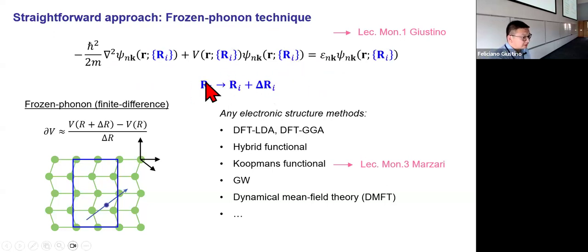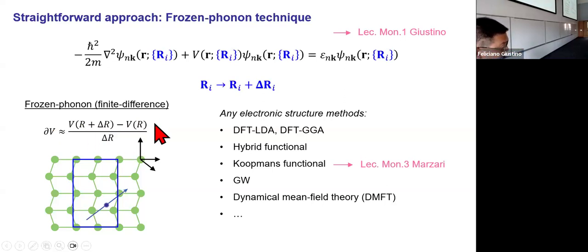If we change the positions by adding a small perturbation away from equilibrium, we get a new potential. We can then use a finite difference approach to compute the differences between the potentials and calculate the rate of change, basically the derivative, as an approximation.